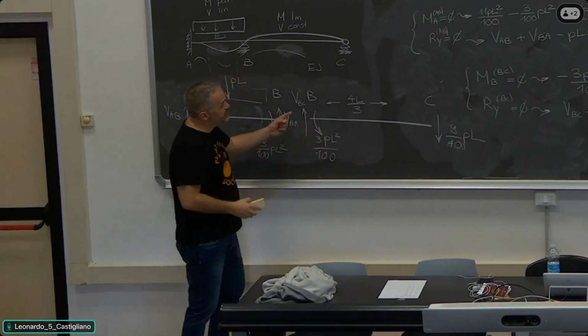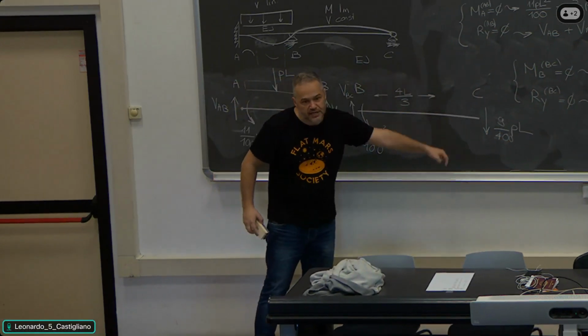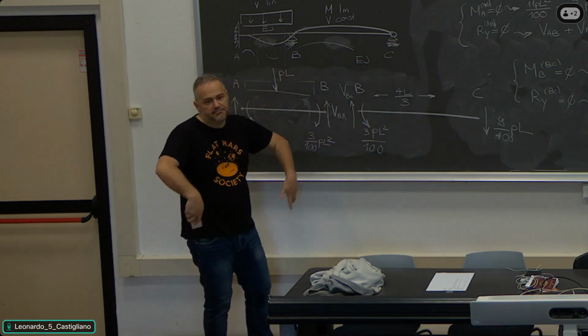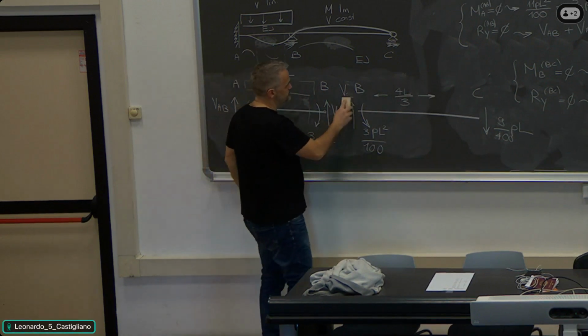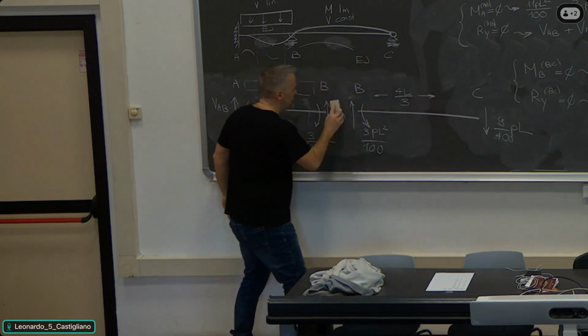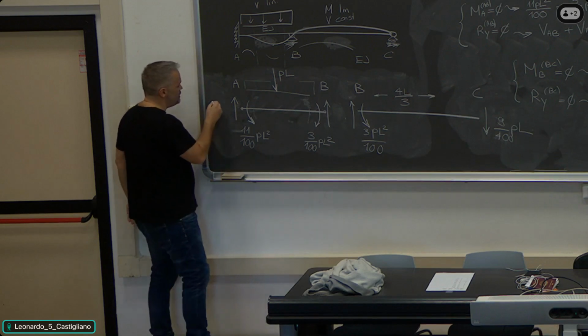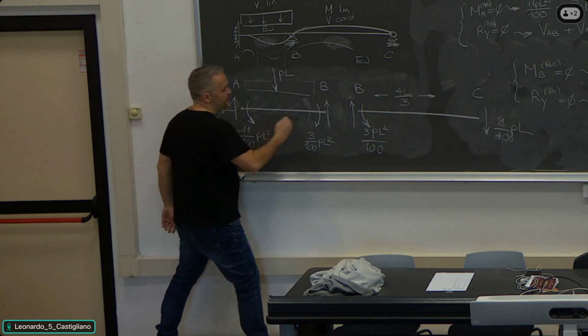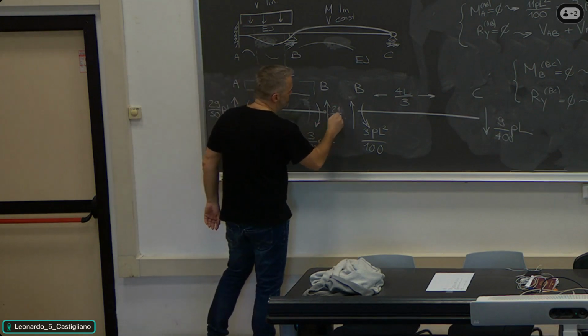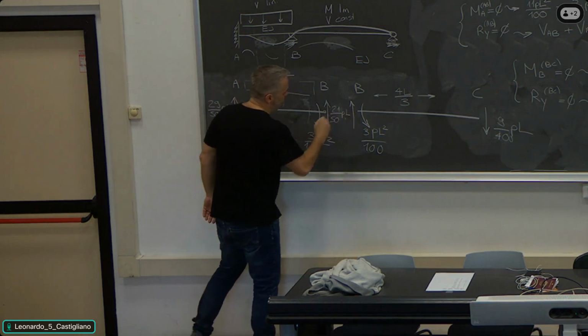If there are no loads applied and one force is down, the other should be up, otherwise the beam moves. So this is upwards, this is downwards. These are both upwards. I will mark the correct values. So here it's 29 over 50 PL, and this is 21 over 50 PL.